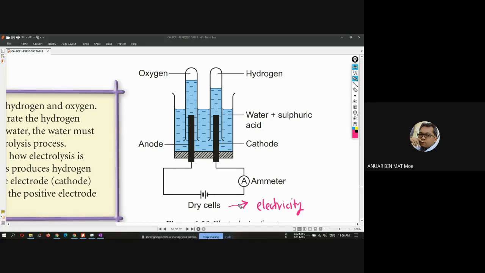That's why the process is known as electrolysis. Because it uses electricity. Okay. And then here, connect it with negative.